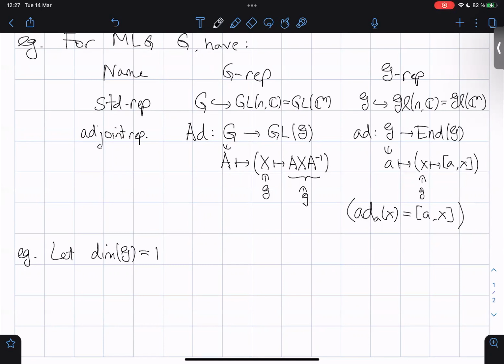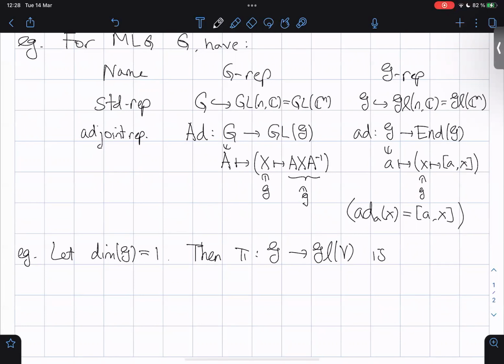That means if I choose any element X in g, it brackets with itself to be 0. The one-dimensional Lie algebra is not so interesting, but if I think about a representation, let's take a representation of a one-dimensional Lie algebra. This is a homomorphism from g into GL(V).